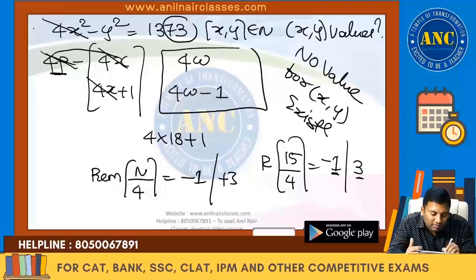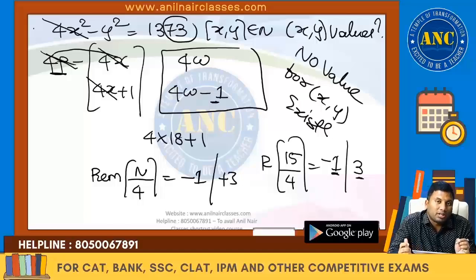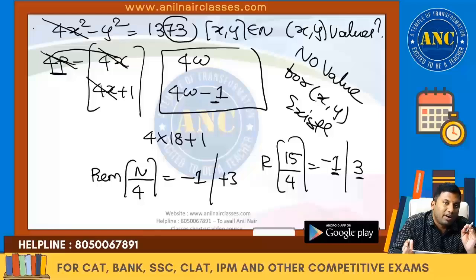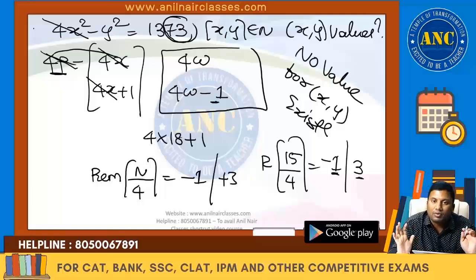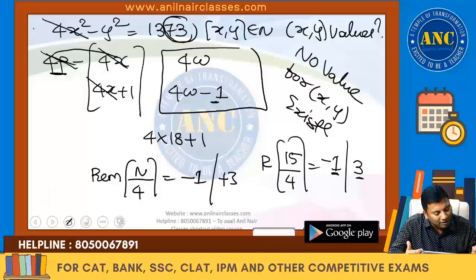In this question the right hand side when divided by 4, using the last two digits, should give remainder 3, but 73 when divided by 4 gives remainder 1. So the answer is no value. I hope the idea is clear. All are based on the definition of a perfect square.